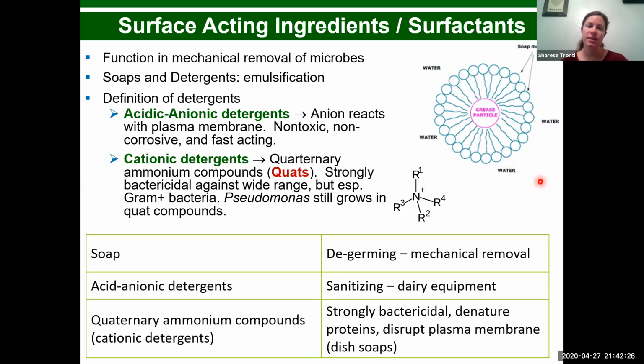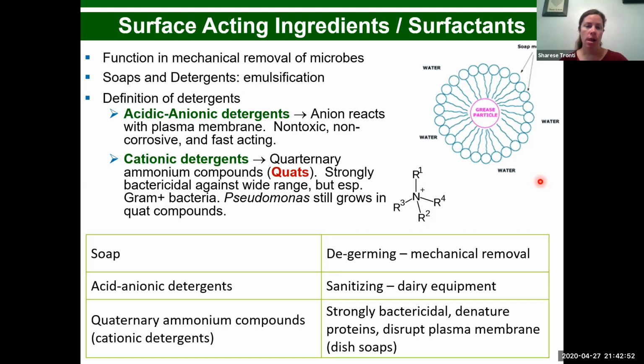And a couple of examples. So we have acidic and ionic detergents. These have an anion, and the anion is going to react with the plasma membrane of the microbes. This is particularly important in sanitizing dairy equipment, or also food processing centers, is where we're going to see the acid and ionic detergents used the most.